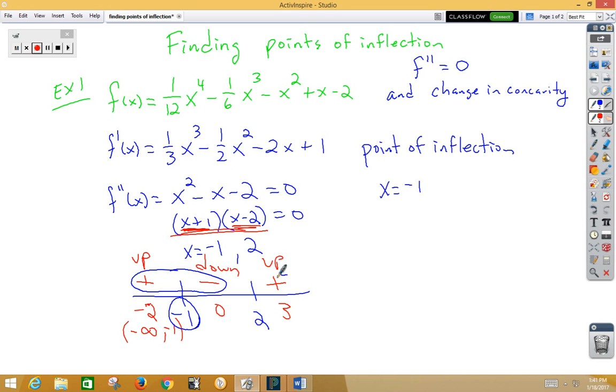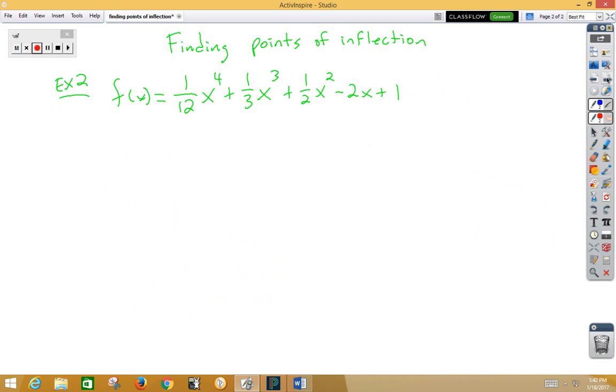So again, we have a change in concavity, point of inflection also at 2. Our reasoning why is the second derivative is equal to 0, and we have a change in concavity.